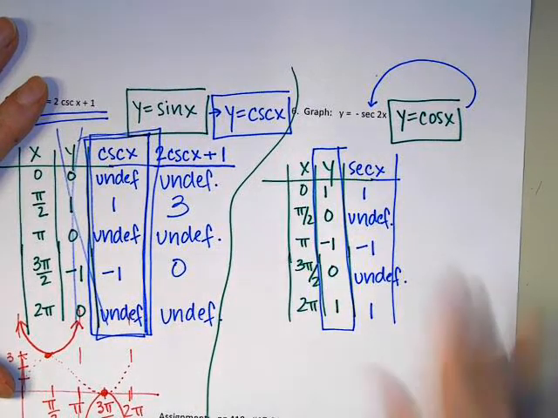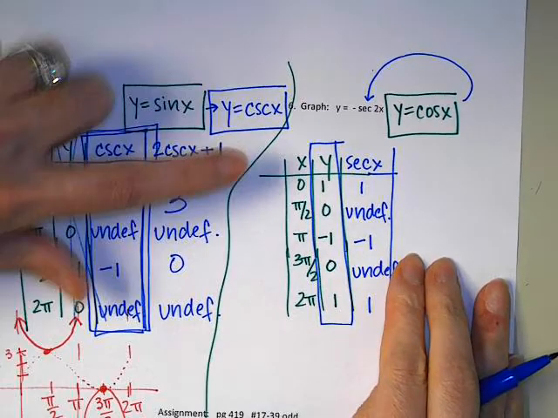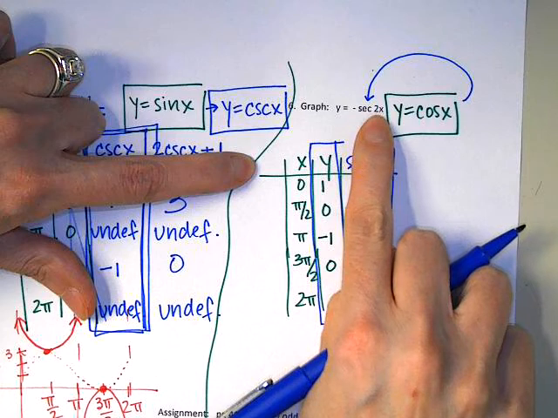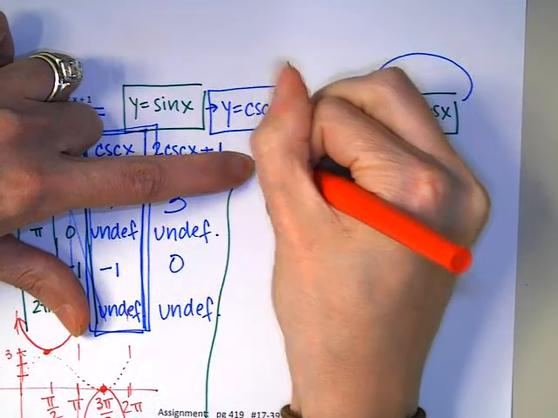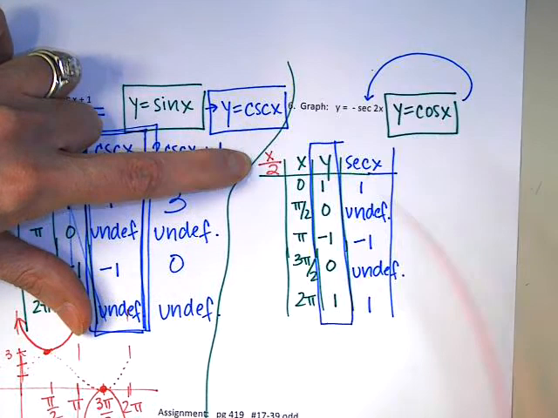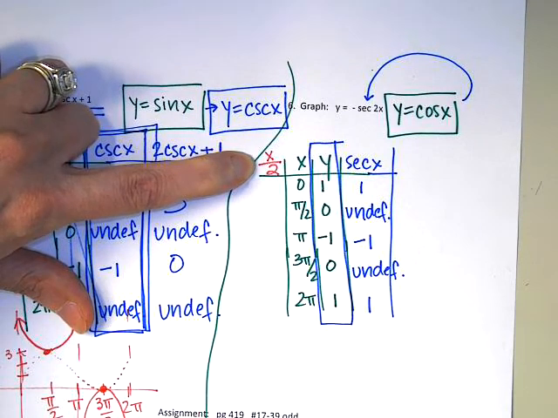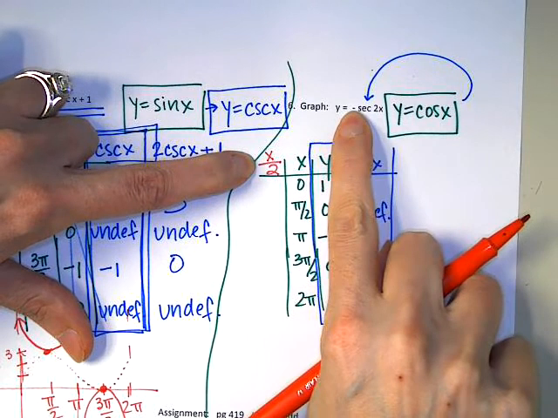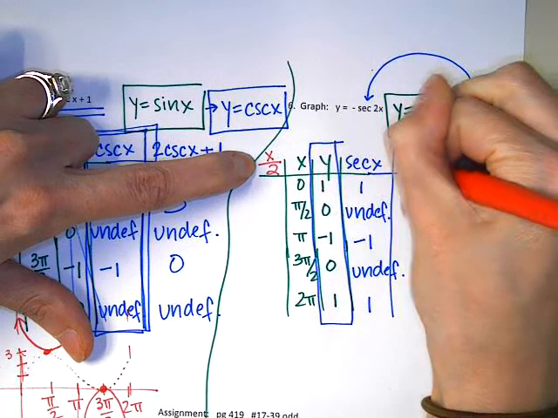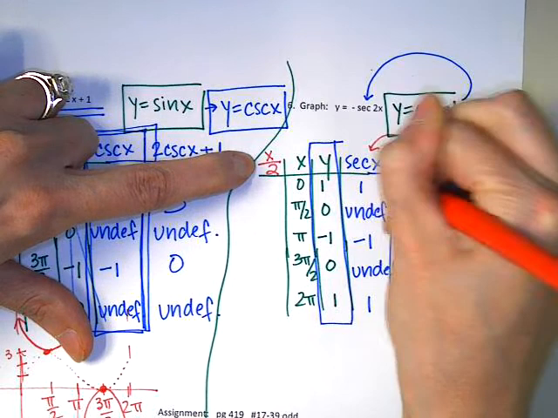Okay, now let's do any shifts. Well, it says 2 times x. So for the shift in the x, it's going to be x divided by 2. Remember, the horizontal is always opposite. And then in the y direction, we're just making all the values negative. So it's just going to be negative of whatever this was.